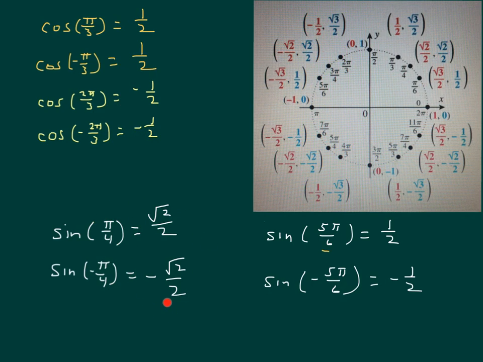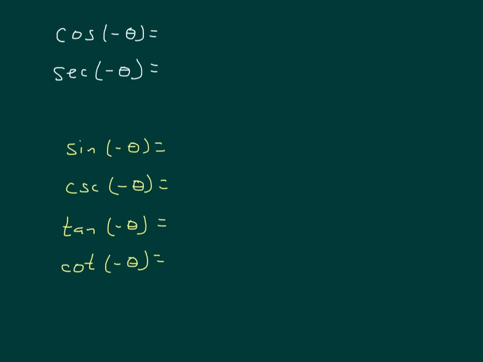So you should be thinking that cosine is an even function and sine is an odd function. So cosine of negative theta will be equal to the cosine of theta, and we can see that from the previous slide. And the sine of negative theta is going to be negative sine of theta. We know that.